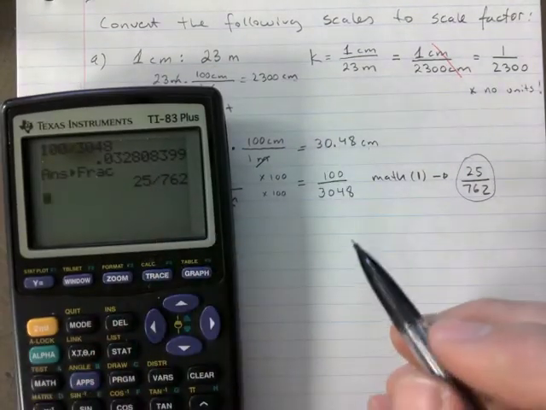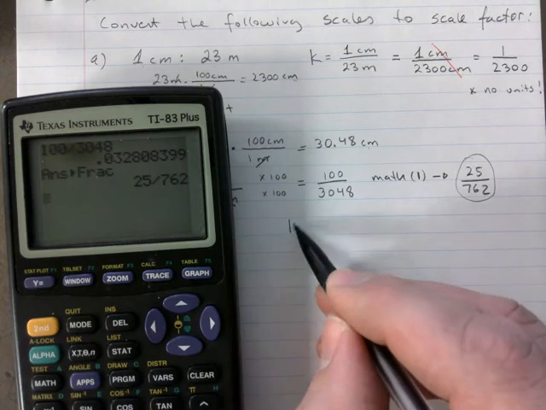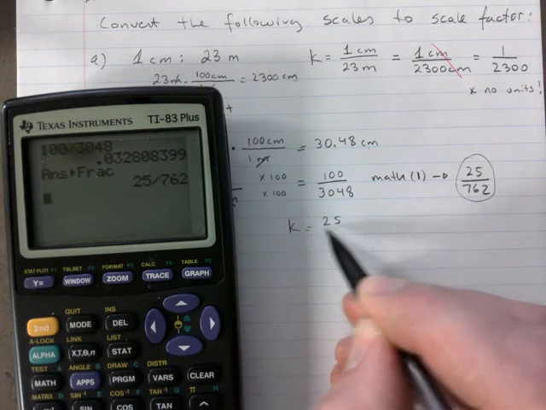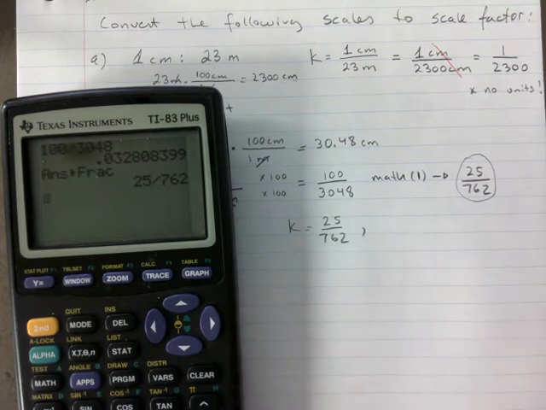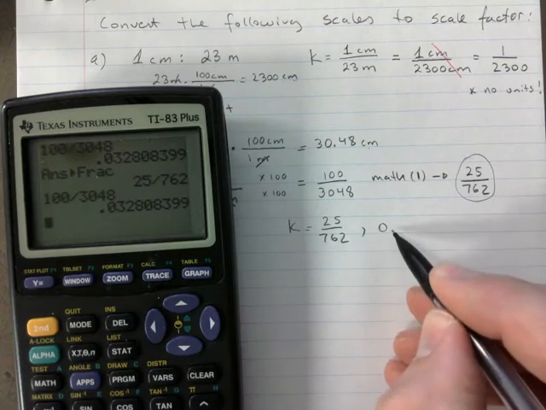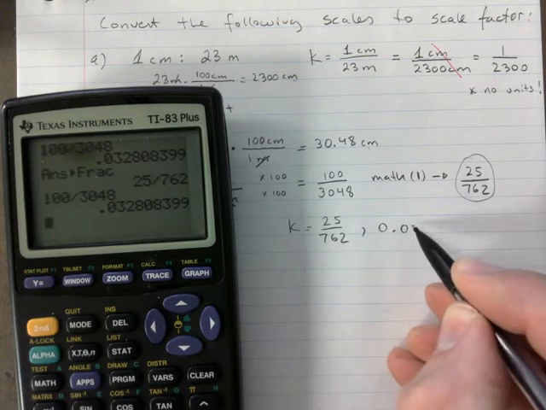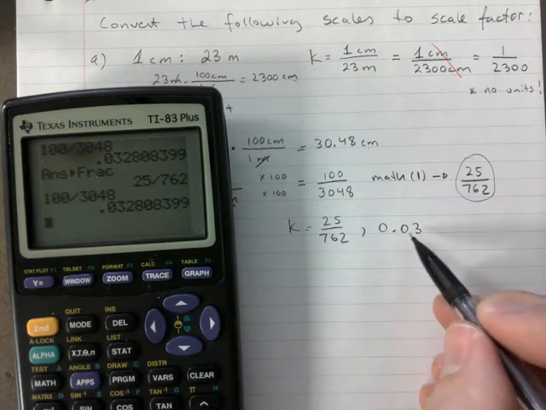But this is what I do want you to be able to write. K is equal to 25 over 762, or you just go 100 divided by 3048, 0.03, right?